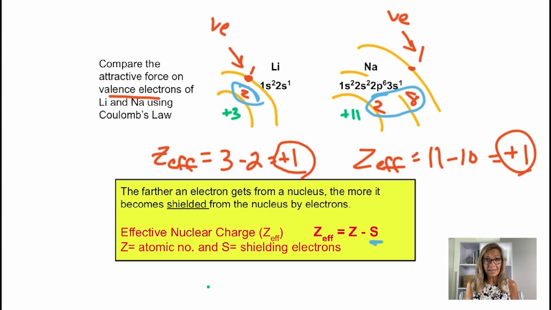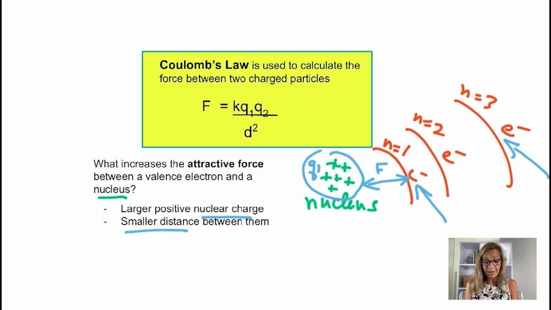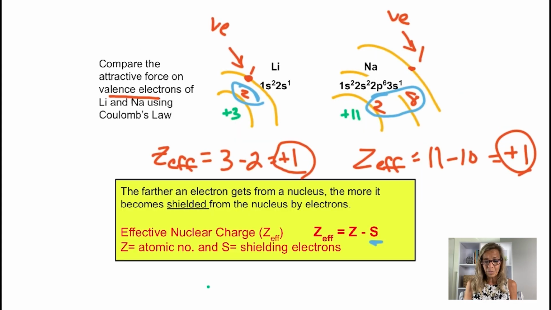So the only thing that matters as far as that equation in this case is the distance between those. And so what you see here is this one, there is the distance there, and this one is, look at that, much farther. Okay, and so the force on that valence electron for sodium is much smaller because the distance is greater. Remember, the farther an electron gets from a nucleus, the less the attractive force.